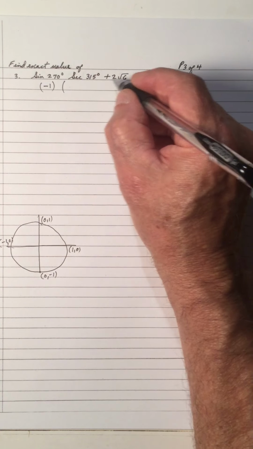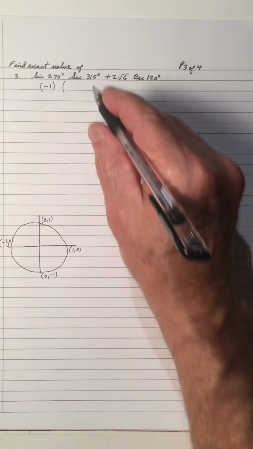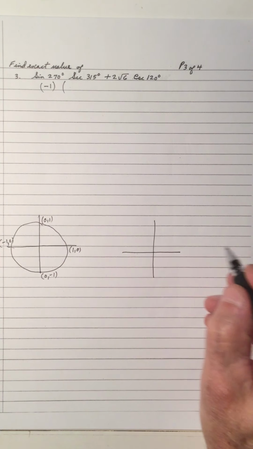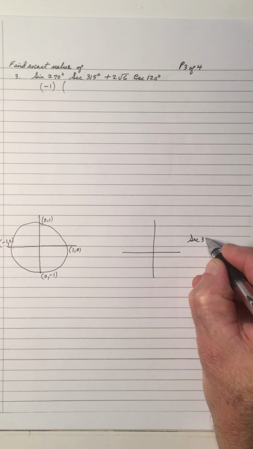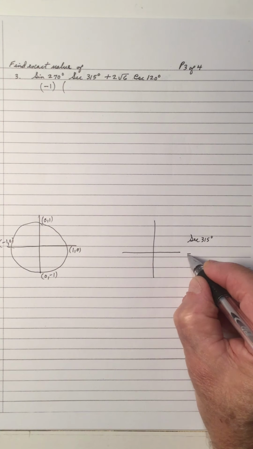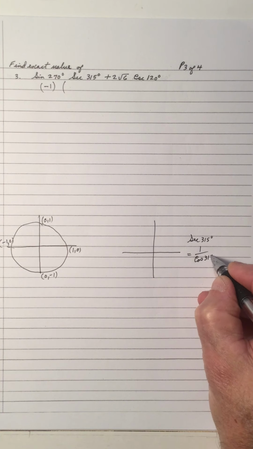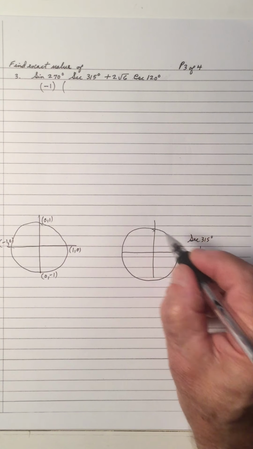Now we have to work out the secant of 315. Okay, here we go. The secant is 1 over the sine of 315. So let's draw the circle.